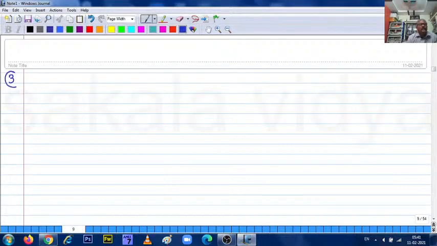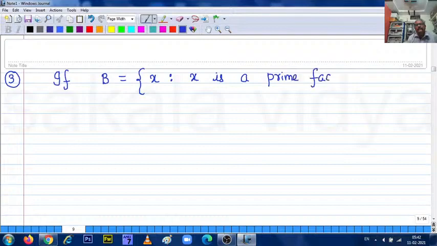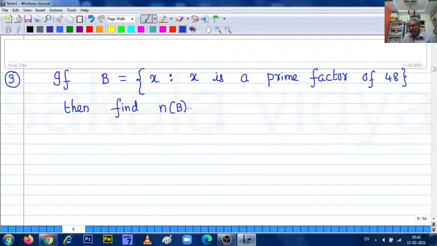Now third question. If set B equals x such that x is a prime factor of 48, then find n of B. This is the question.